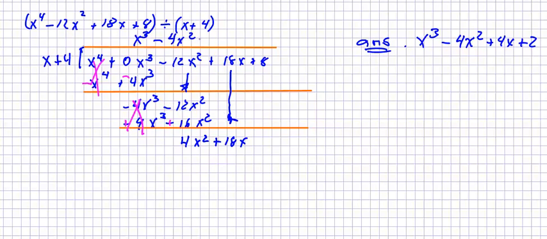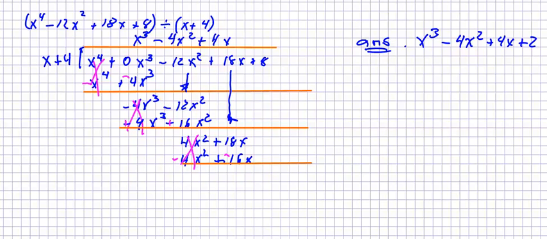And x goes into 4x squared plus 4x times, multiply 4x squared, and we distribute plus 16x. And we change the sign when we subtract.